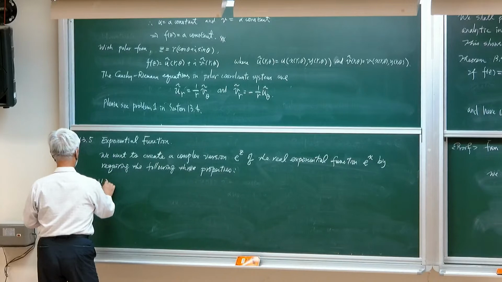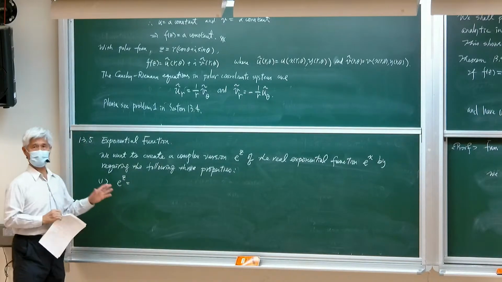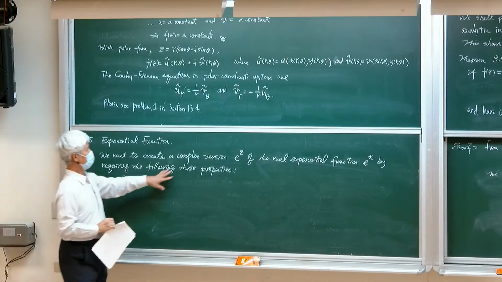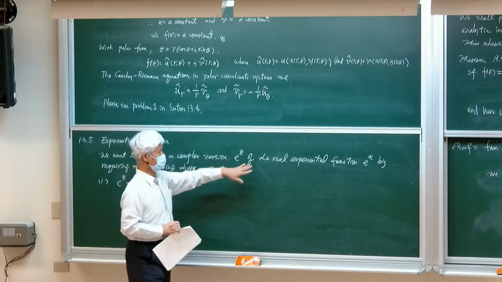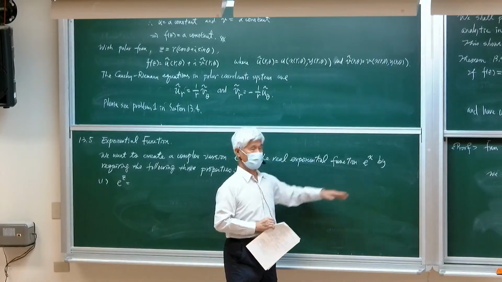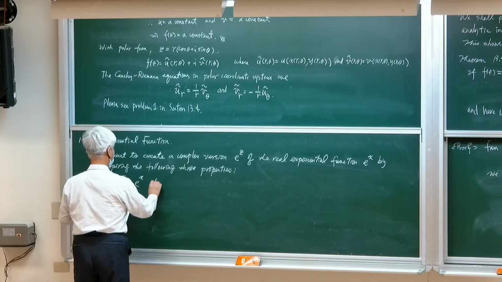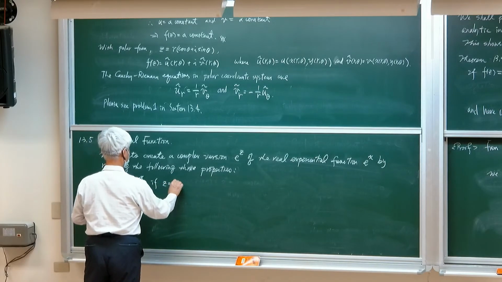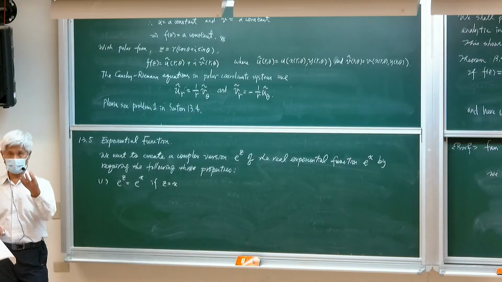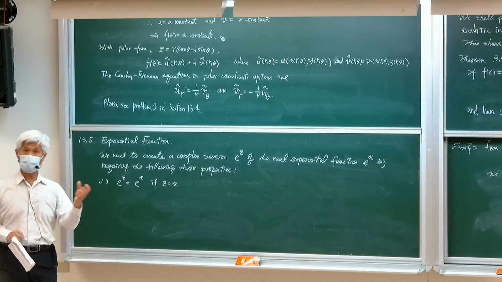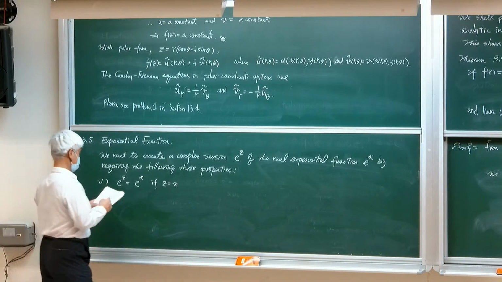First of all, E(z), the new function, is an extension, so we want a complex version, which means that it's an extension of the real exponential function. So if this complex number z is a real number x, then they should be equal, because this is an extension.